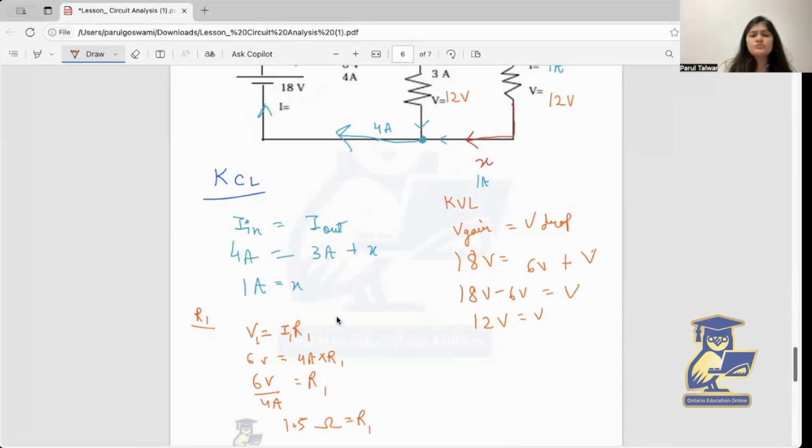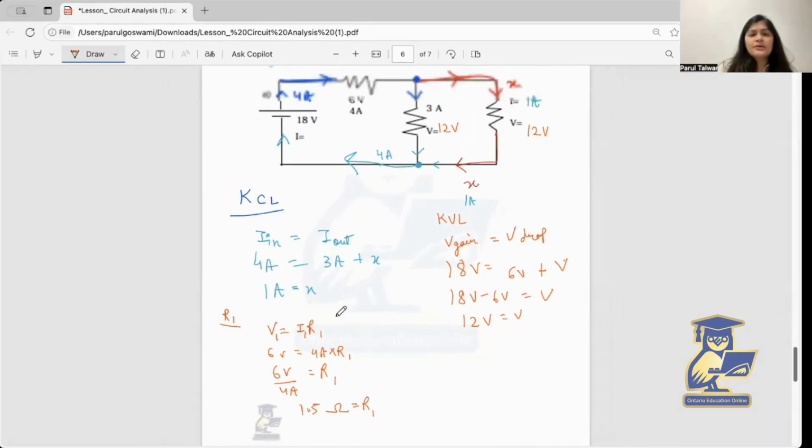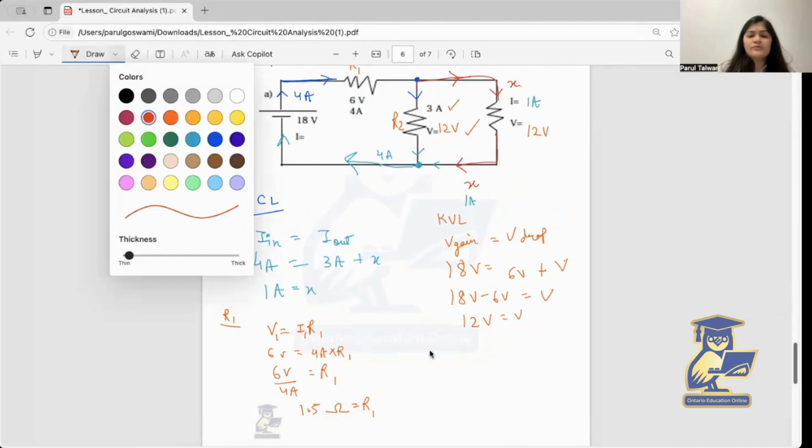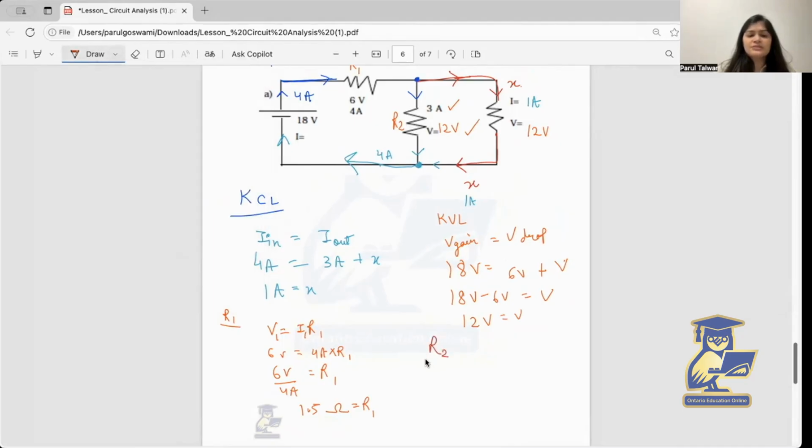So we have used Ohm's law here. Now next, for the second resistor, let's say this one R2, we have the current which is 3 ampere and voltage 12 volt. So across R2 we can determine the resistance. We use Ohm's law again.